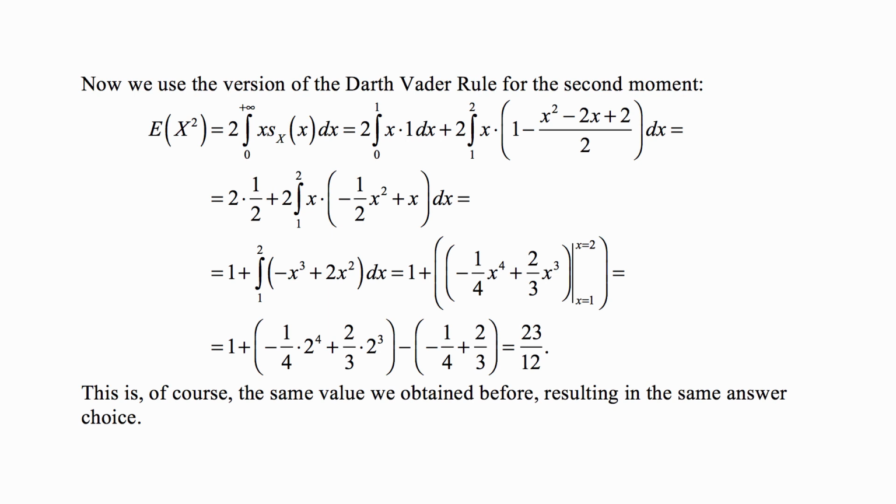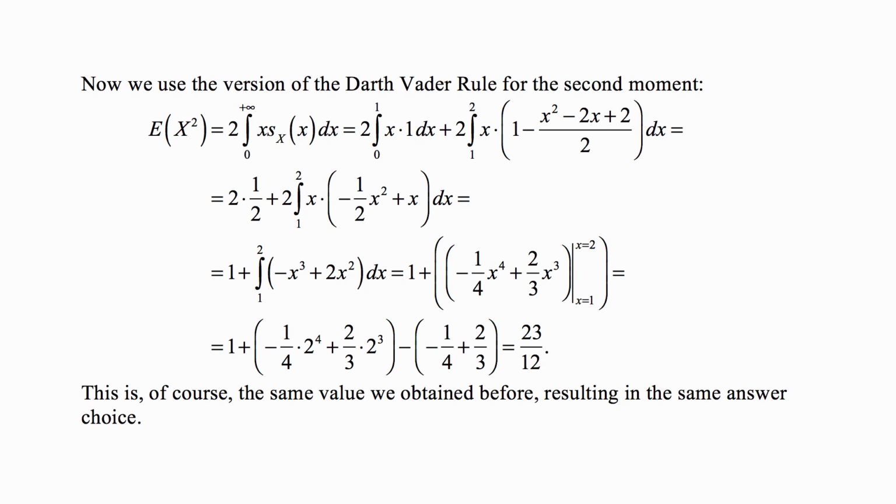Well, that's 2 times 1/2 plus, well, the integral of x is 1/2 x squared, and the value from 0 to 1 is 1/2. That's where this 1/2 comes from.